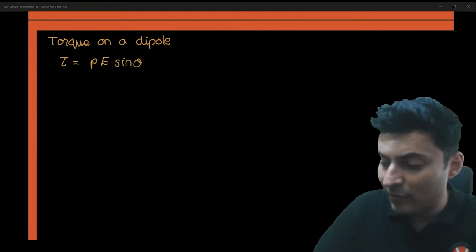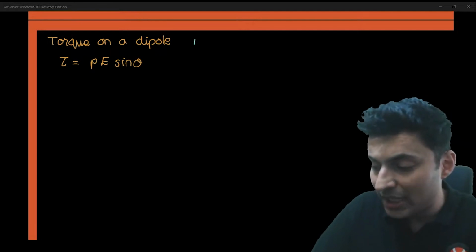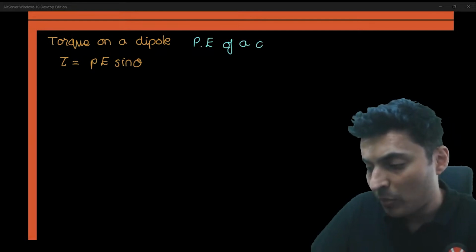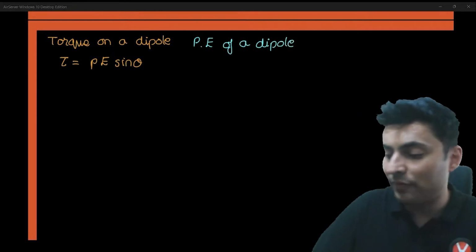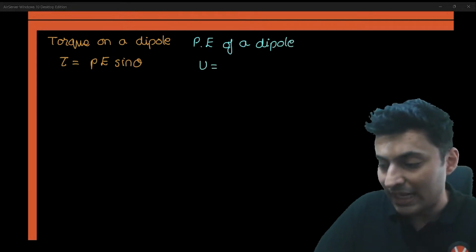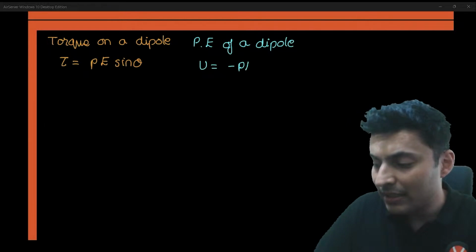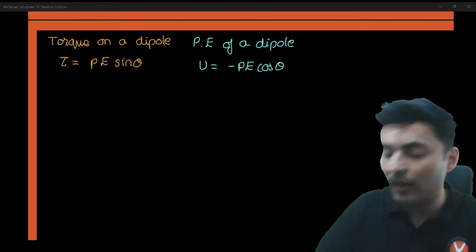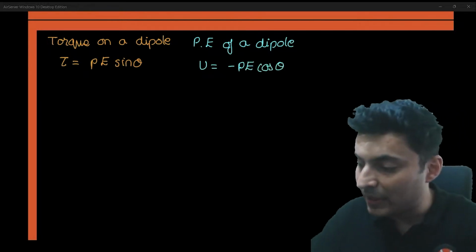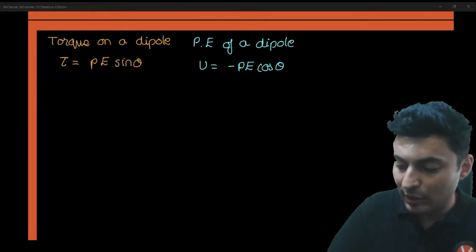And another graph you might be asked is the potential energy of a dipole. The formula for that is minus PE cos theta. So how do these graphs look?